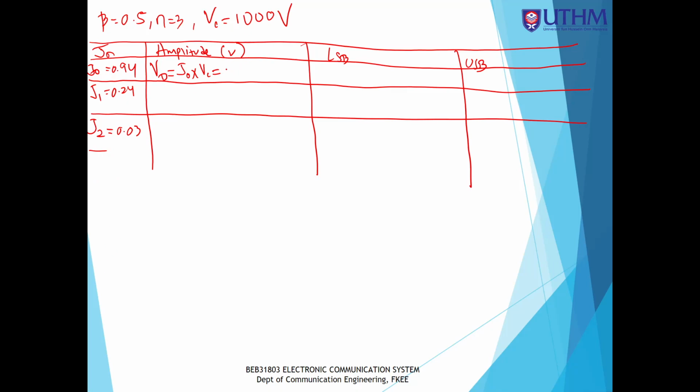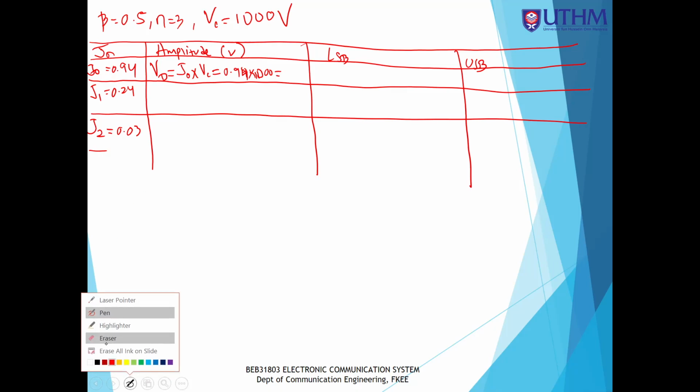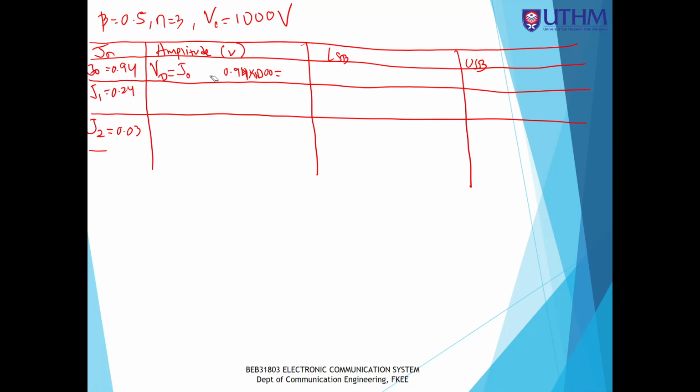So V0 is actually equal to J0 multiplied with VC, so 0.94 multiplied with 1000.